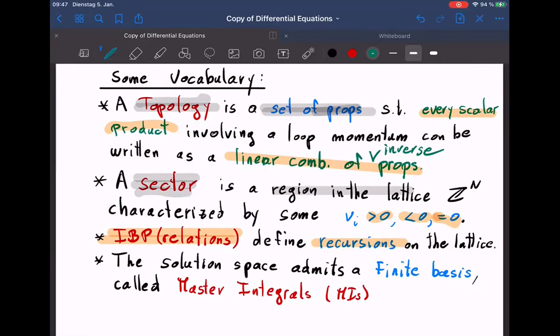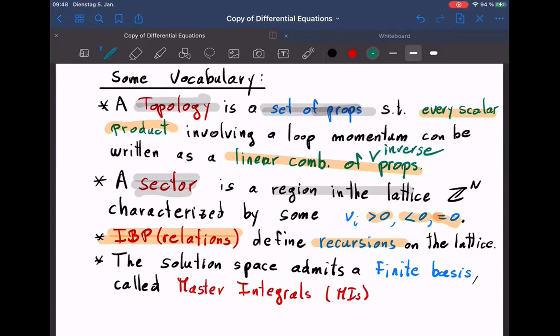The recursions will always be linear because they come from integration by parts. Differentiation is a linear operation. If you solve them, you will get a vector space of solutions, and this vector space always has a finite dimensional basis. So you will never get to a situation where you have an infinite number of master integrals. It will always be a finite number.